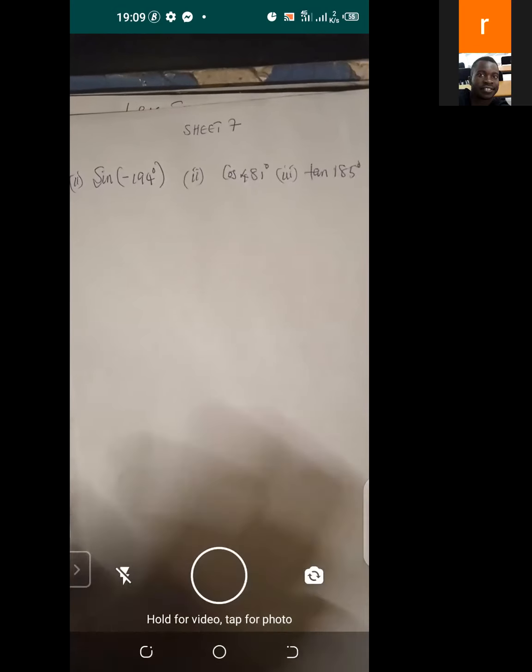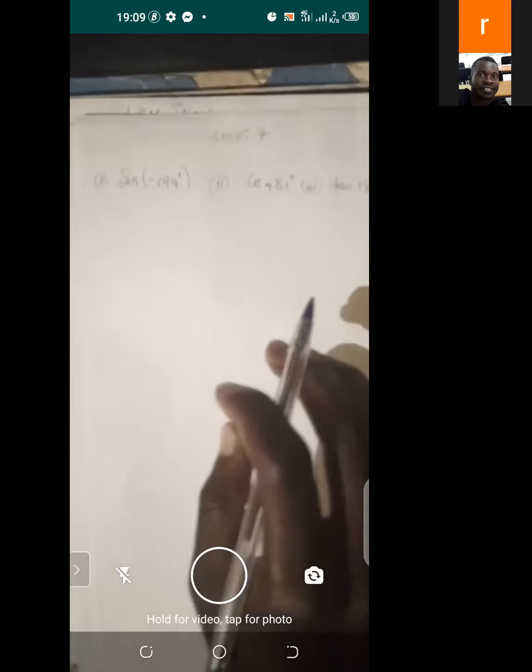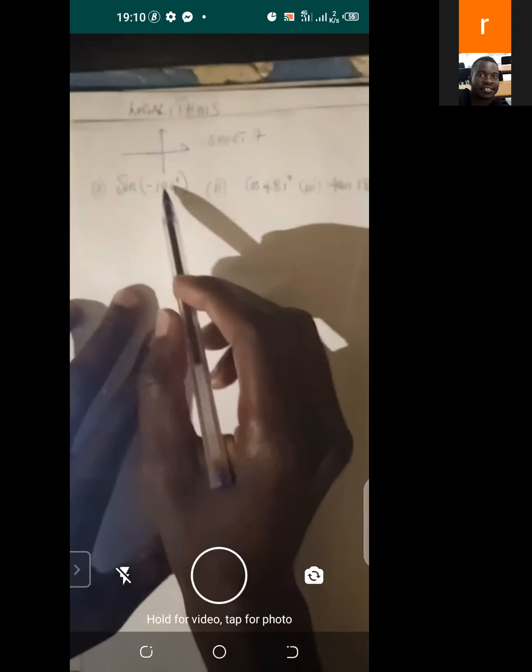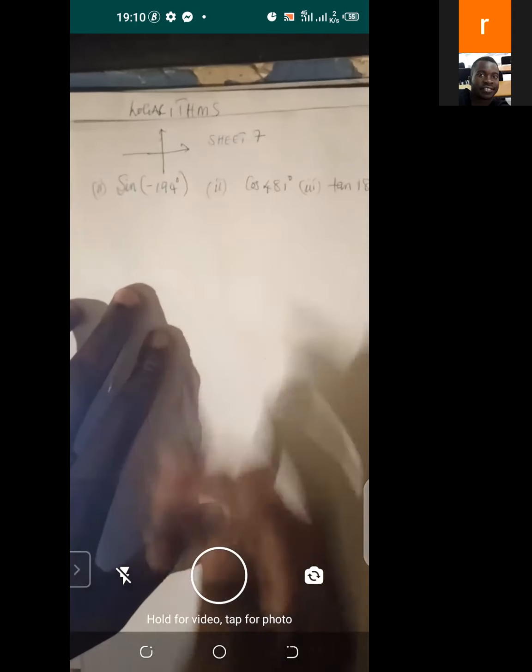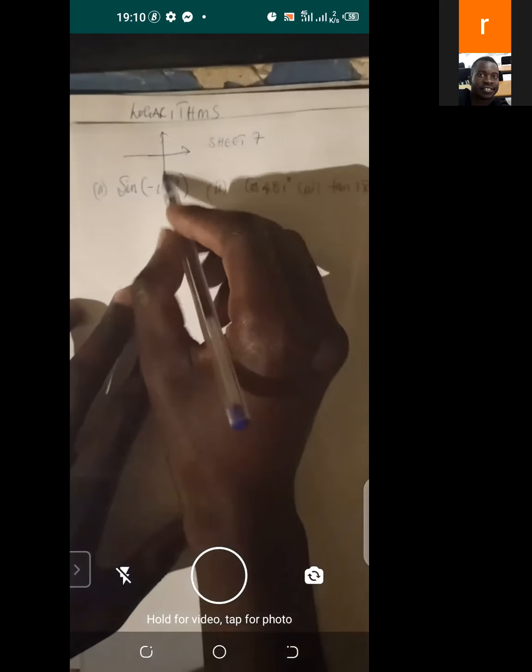Right, so let's look at the first one here. The last time, if you remember, we looked at reference angles. So you use that concept to evaluate this. For this one, you have this measure of rotation, negative 194 degrees.